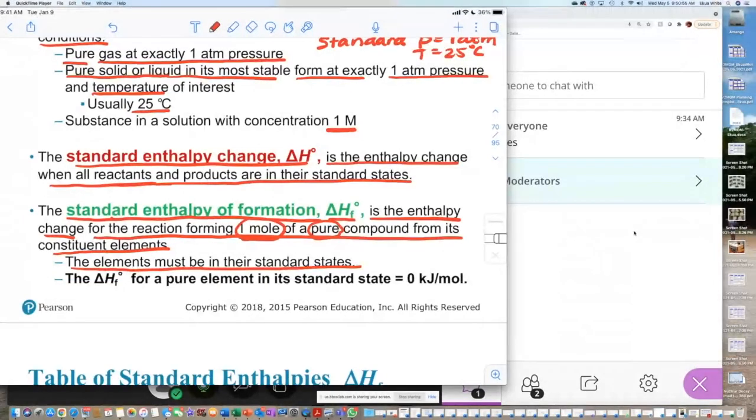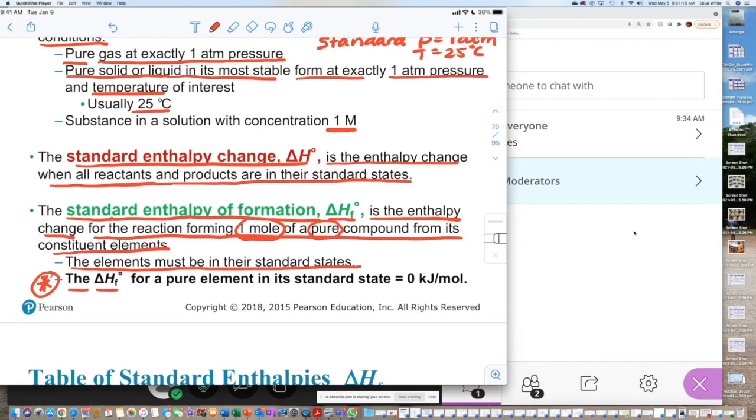And so we set it up that way, not because we're trying to taste it and we want it to taste good. We're trying to make our math easy, okay? So this is where you see scientists. Like I said, you have to read between the lines. The chemists want to make their math easy. Why do we care if the reactants are in their standard state? Because of the statement here.